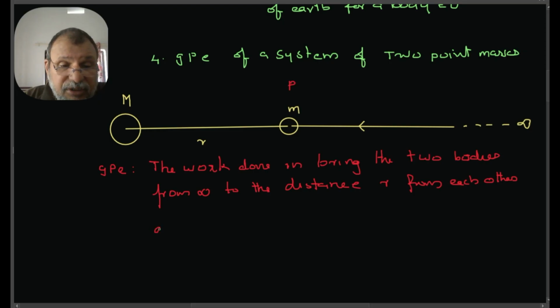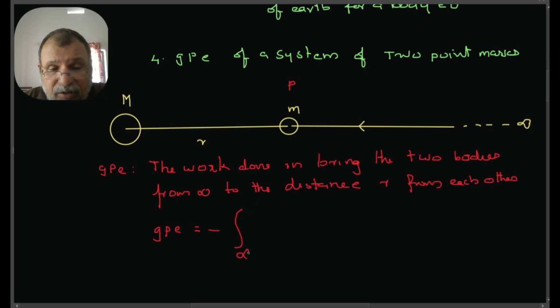Gravitational potential energy, GPE in this case, is equal to negative integral from infinity to the separation r of Fg dr. Fg stands for the gravitational force between the two bodies, and you integrate it using Fg dr.